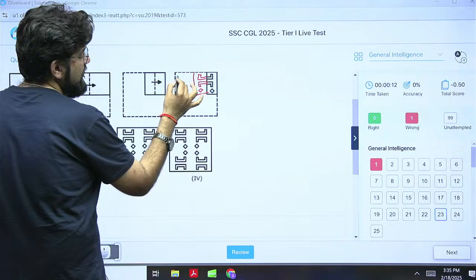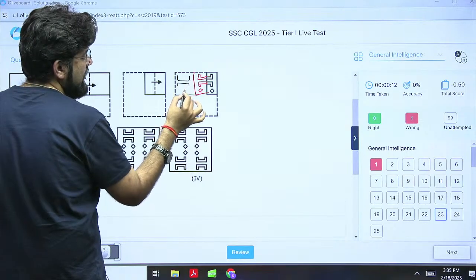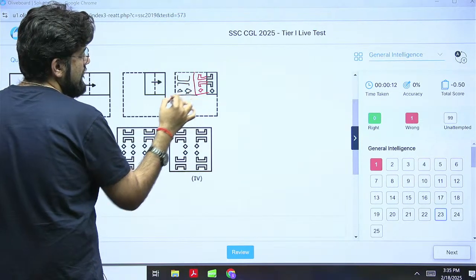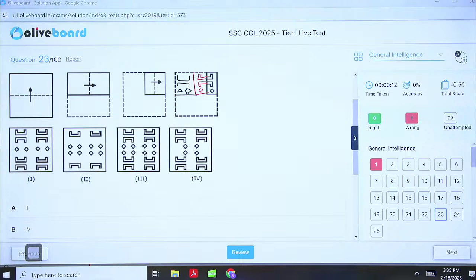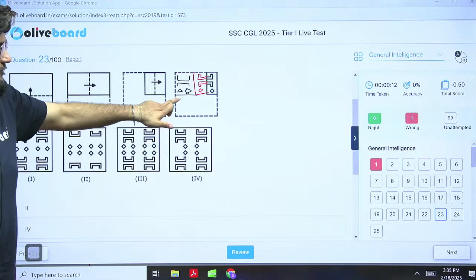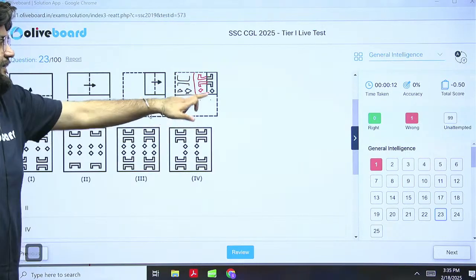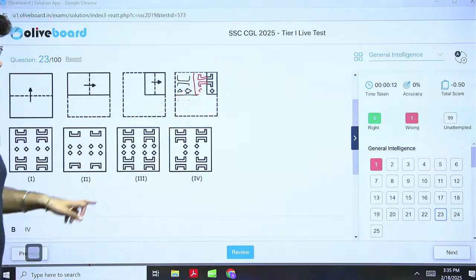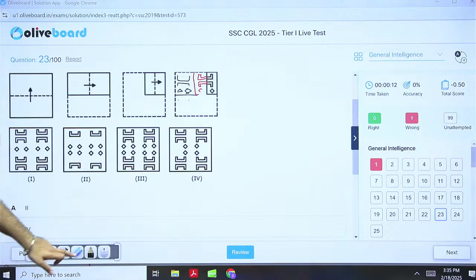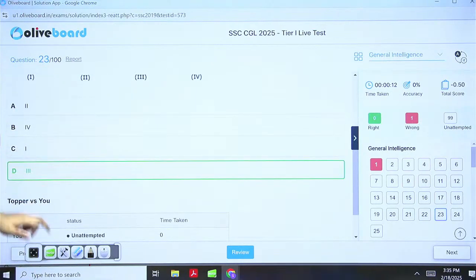So the same figure will be coming here, this will be coming here, and these two will be coming here. Which one satisfies this completely? Now when you turn it away, we'll be having the diagonals here, the kites here, and these figures replicated here. Only in option 3 can you see all that. So figure 3 is your right answer, which is option D.